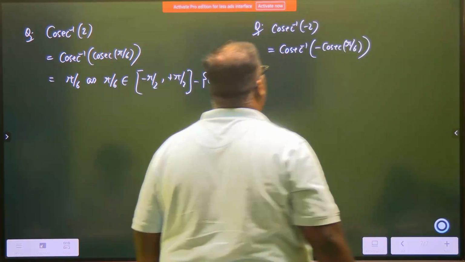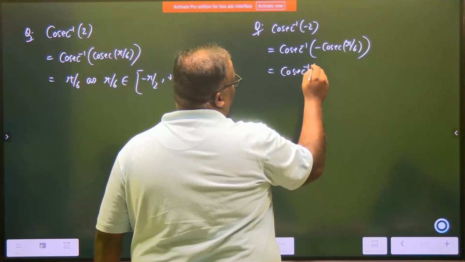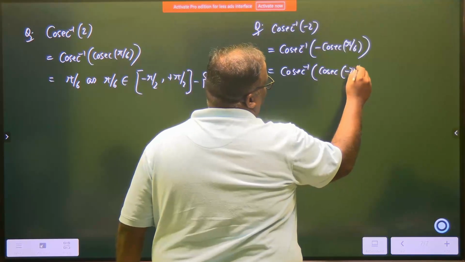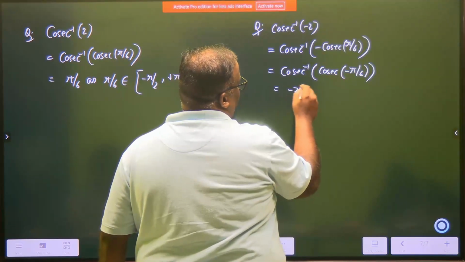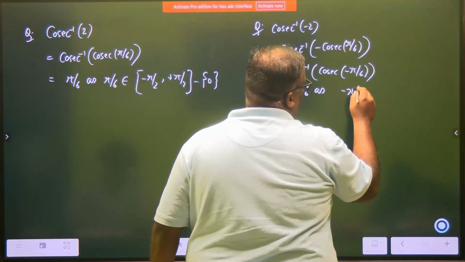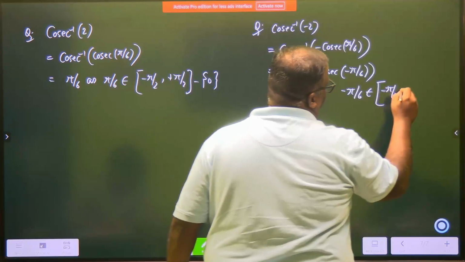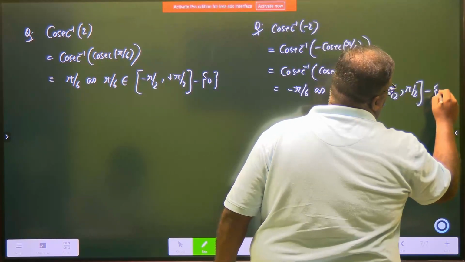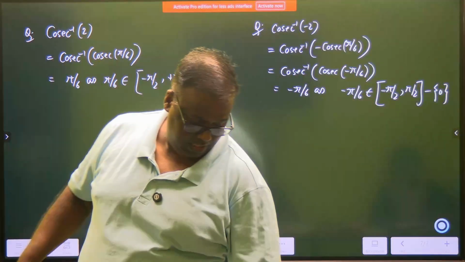Okay. Which is equal to, now this is an odd function. Odd function, no tension. Cosec negative pi by 6. And this can be straight away written as negative pi by 6, as negative pi by 6 belongs to negative pi by 2 to pi by 2, minus 0. Okay?